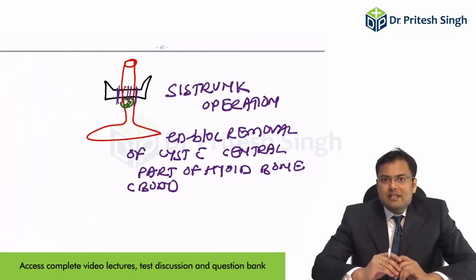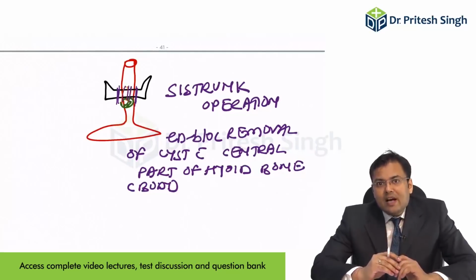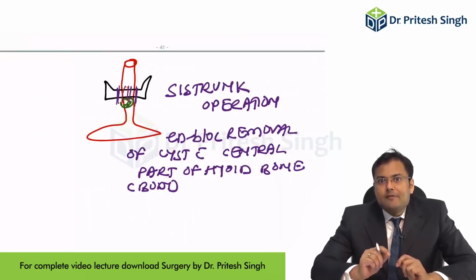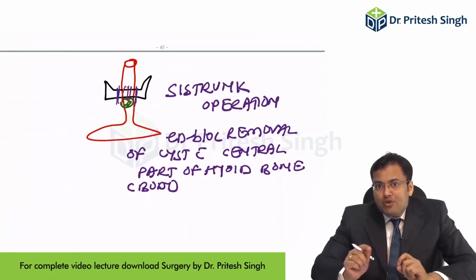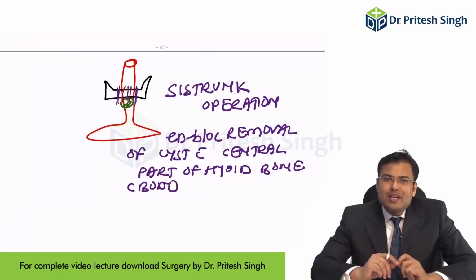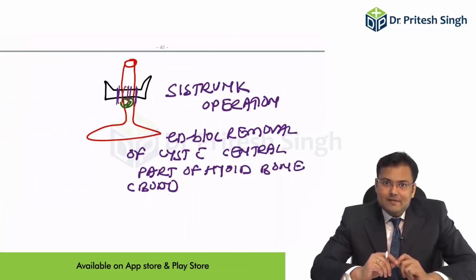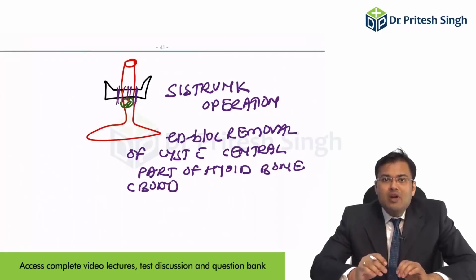After that, the question is asked, how will you treat thyroglossal fistula? What is the definition of fistula? Fistula means communication between two epithelial lined surfaces. If there is fistula, we have to excise the fistula tract.